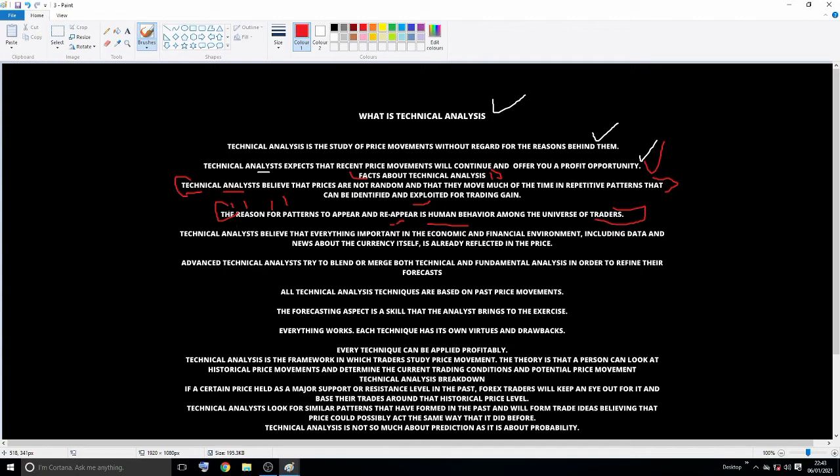We are the ones creating those patterns, because we are the ones moving the market. When a lot of people are buying, the market goes up. And if we see a certain pattern, the market is likely to react in a particular way.